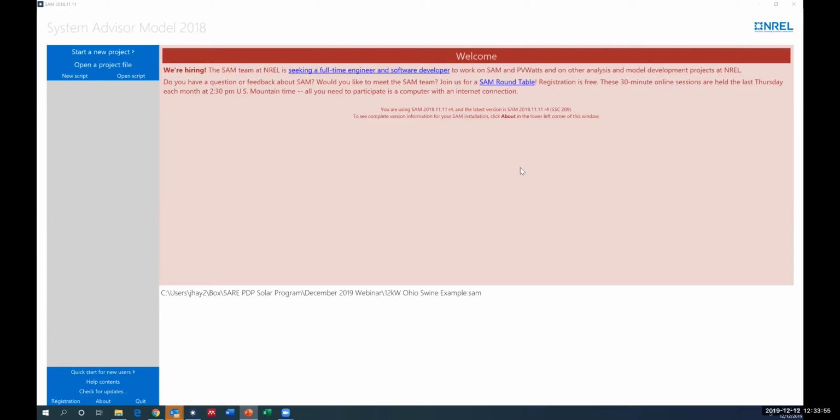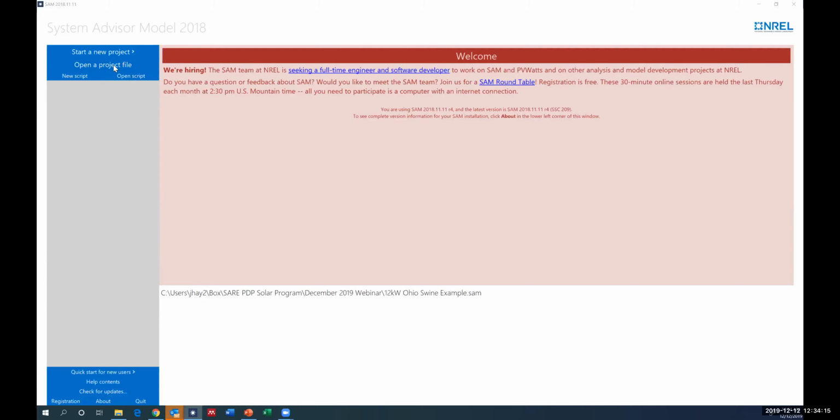You can sign up for email updates if you want, or not get those. They put alerts on when they've done updates. It looks like they're looking for a new software developer for the project.